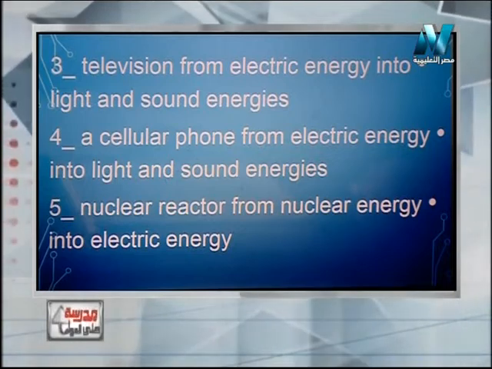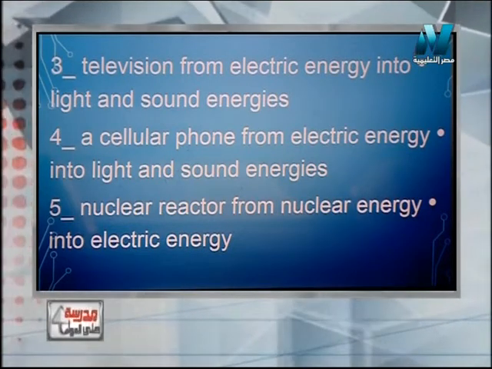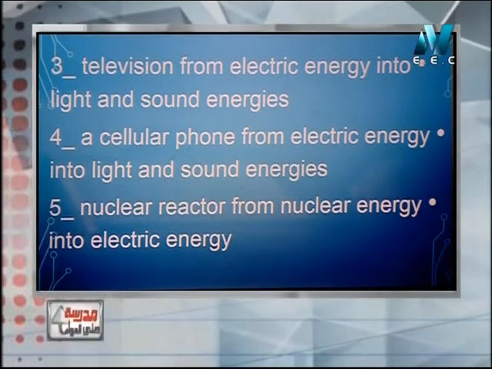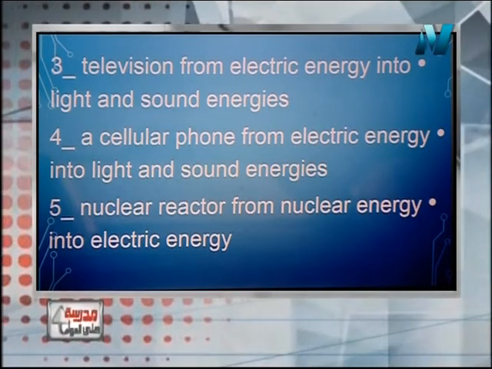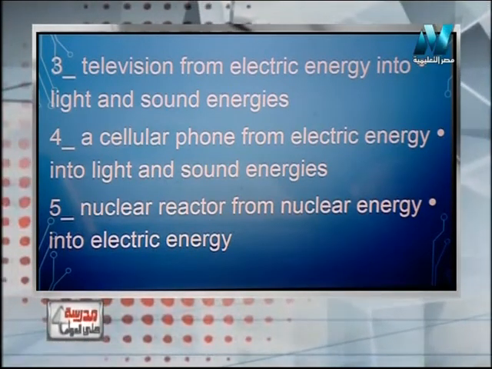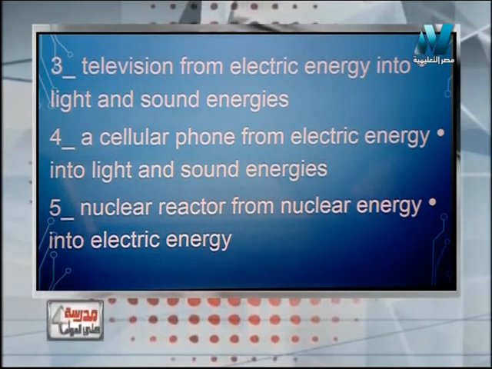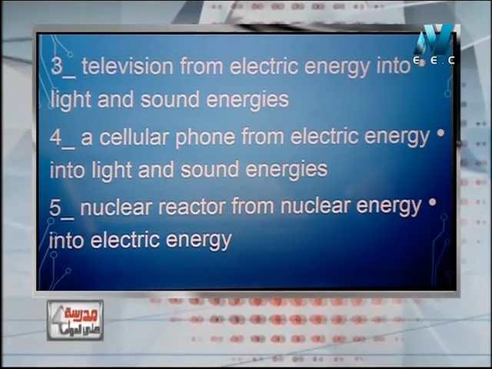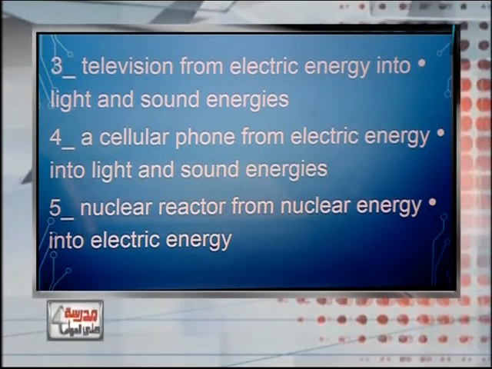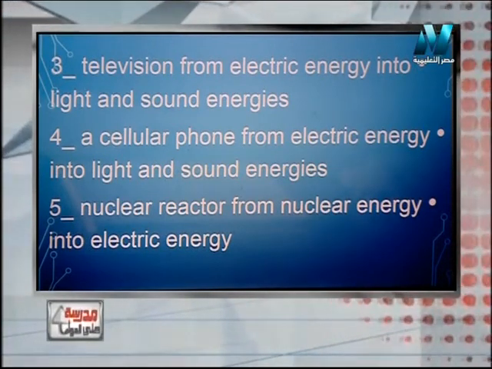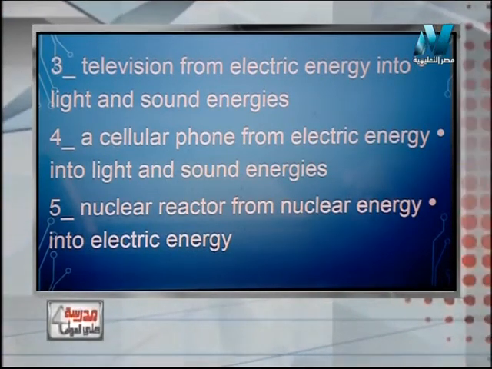Number four, cellular phone, mobile phone, changes electric energy into light and sound. No, it's not correct. Cellular phone changes electromagnetic energy, not electric but electromagnetic energy, into sound energy.